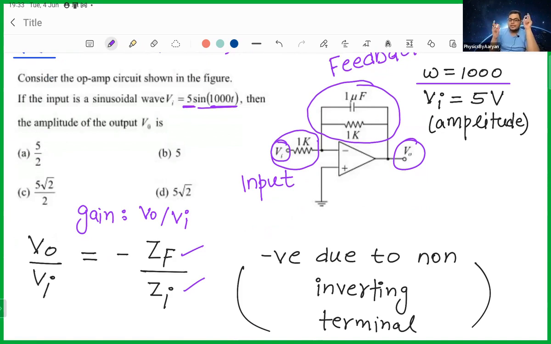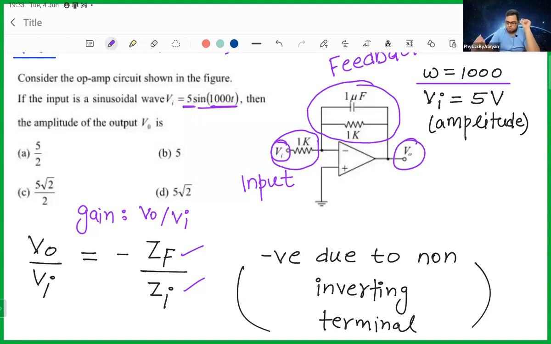Why am I saying that it is impedance, not resistance? Because if you only have a resistor, then it is resistance. But if you have resistor, capacitor, and inductor can also be there, then you will not define the resistance, you will define the impedance. How do you define the impedance? It's a very simple thing.